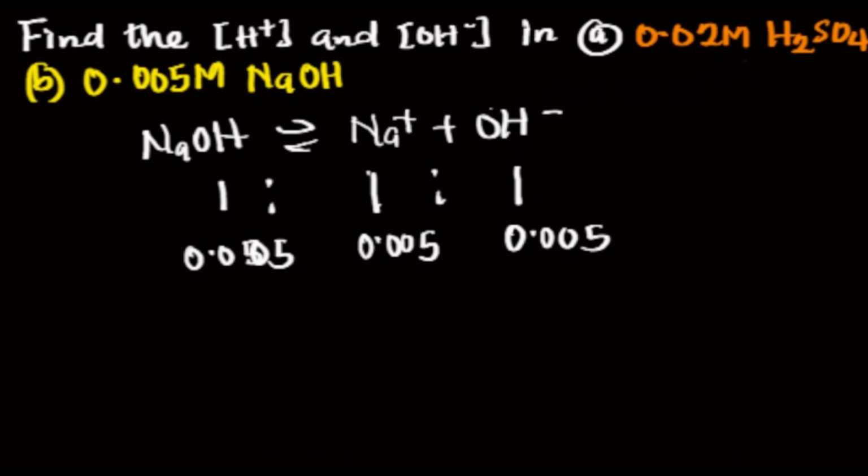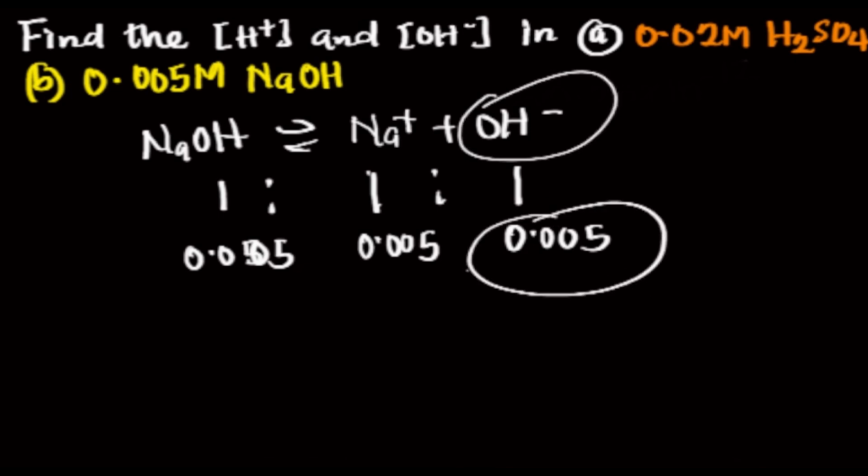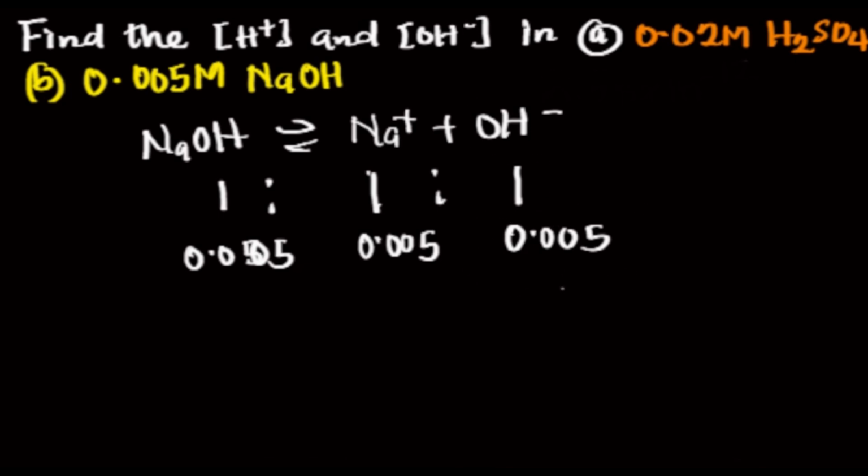So since this is the hydroxide ion at equilibrium, the concentration of hydroxide ion is this one you are seeing here, which is 0.005.